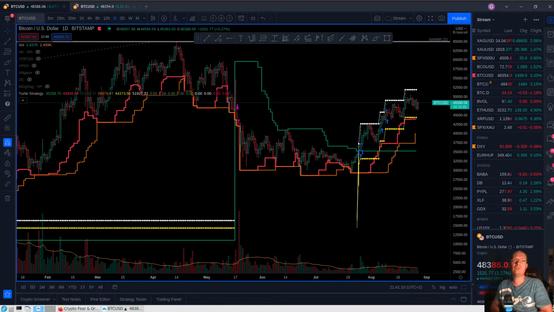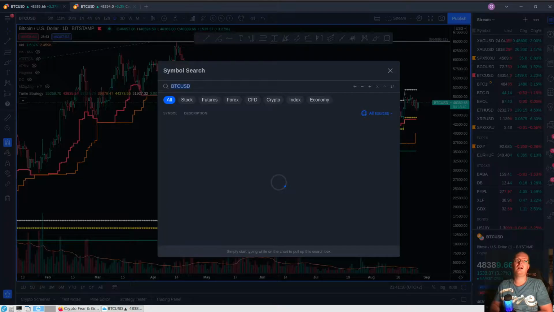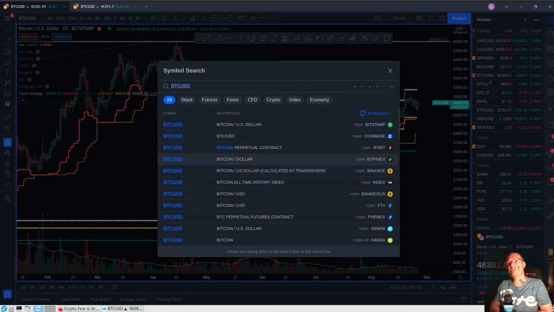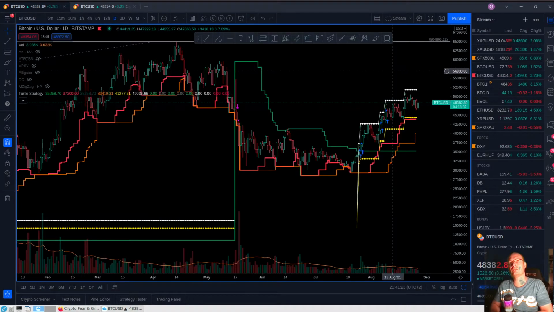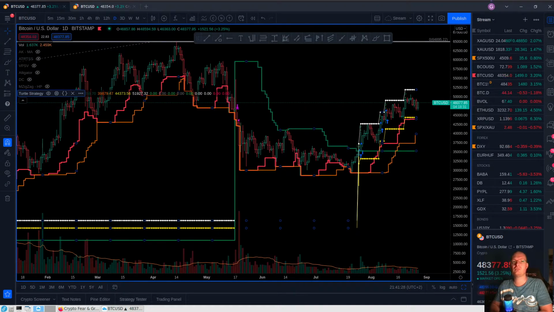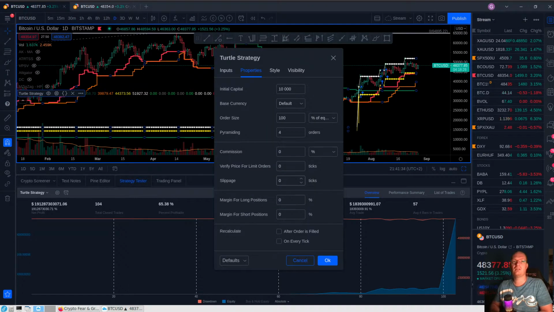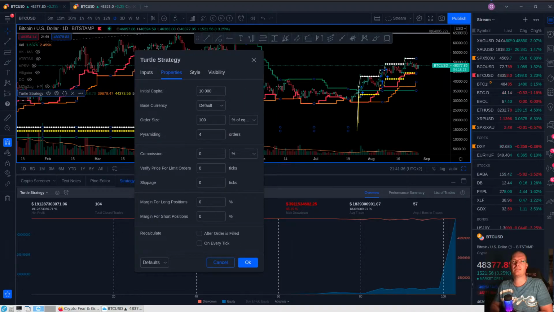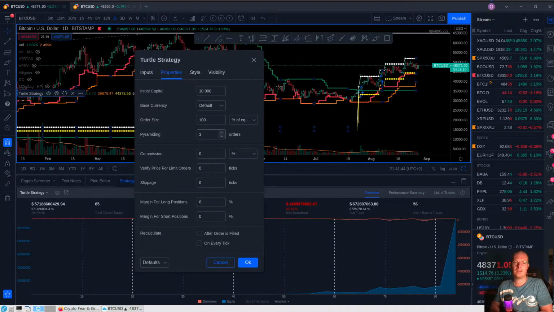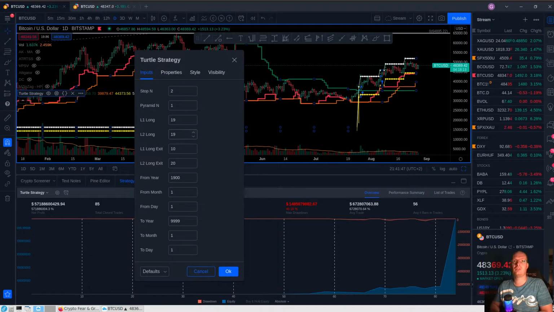Now, what I've noticed is that these values are good for the full history of Bitcoin. But if you would go to Bybit, let me first change the values, because if we take the strategy tester, we can take less risk by bringing the pyramiding down to 3, and then we take more or less the default settings.